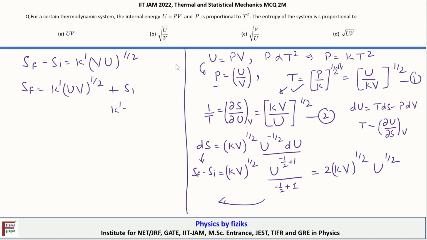Note that here I have rewritten K dash to be equal to 2K power 1 by 2. So from here we conclude that the final entropy is proportional to V U power 1 by 2. Therefore D is the correct option in this question.